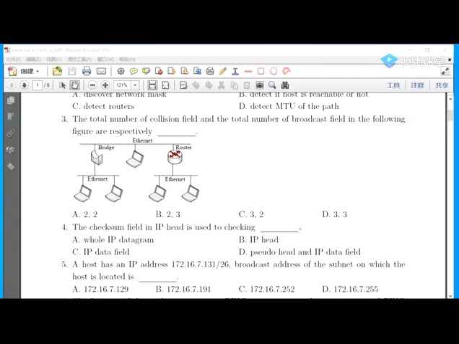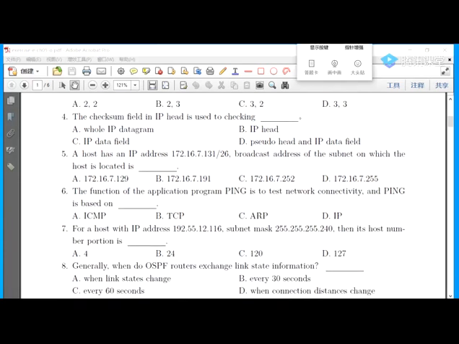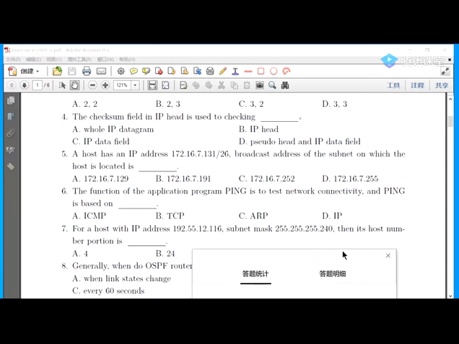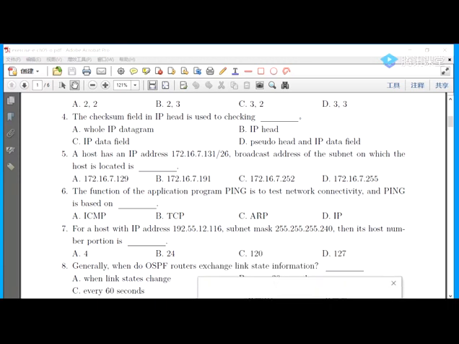Question 4. The checksum field in the IP head is used to check what kind of field? Which one is correct?